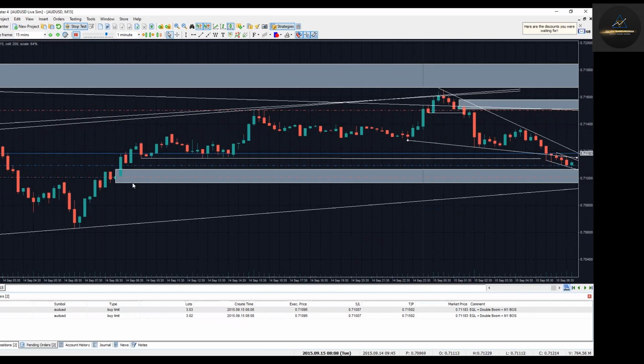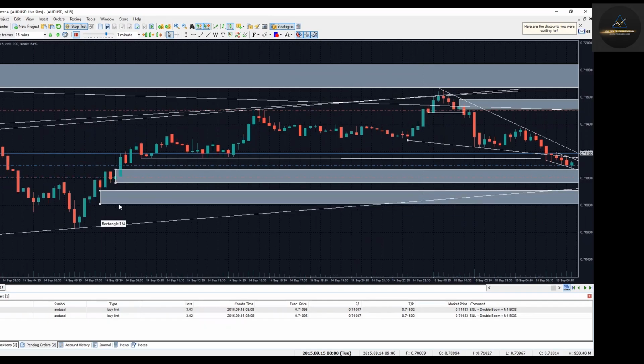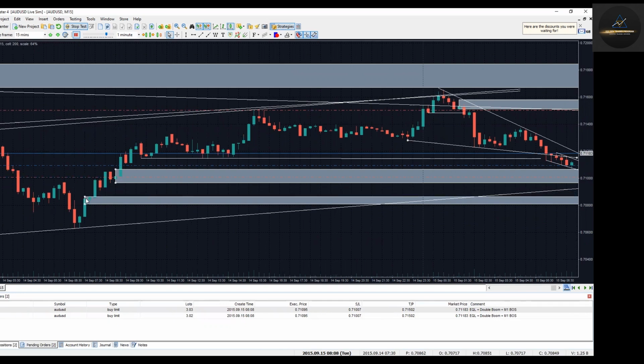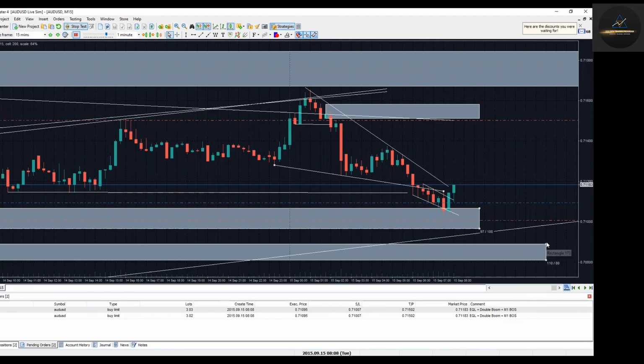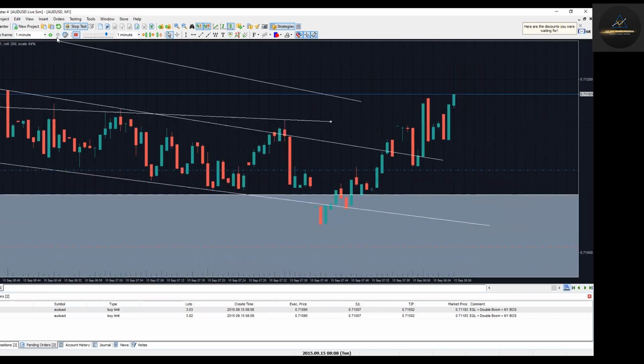So that's plan A. Plan B would be the third tap, which would be this point of interest right here. So we've got this imbalance basically. So if plan A fails, then we wait for plan B. It's that simple, guys. Let's see what happens.